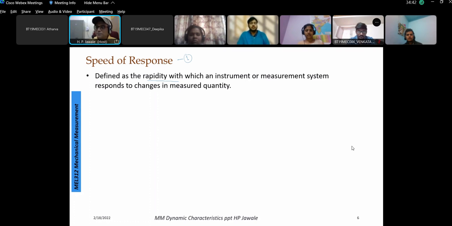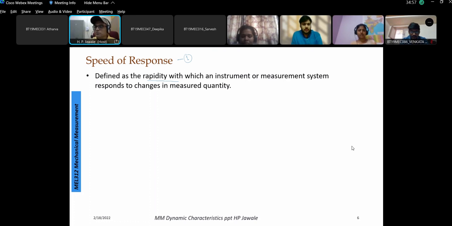Because the temperature measurement device, the thermometer, is itself taking 2 minutes to give the settled reading. Right. So I must have a measured speed of response, the quickness, the maximum time it will take to have the settled reading.